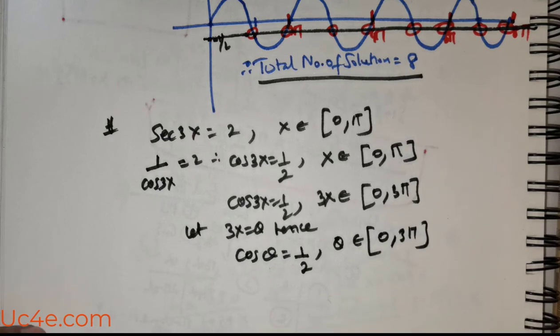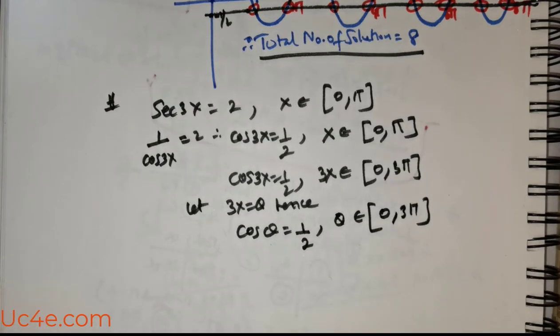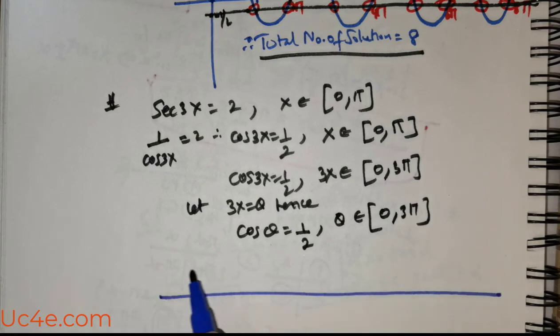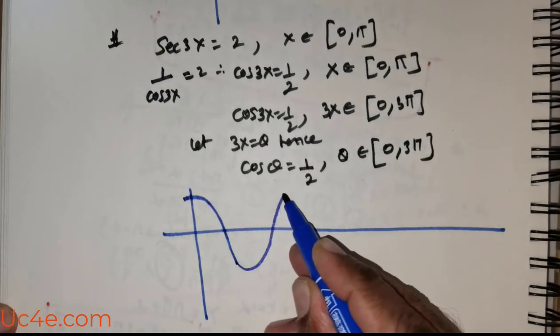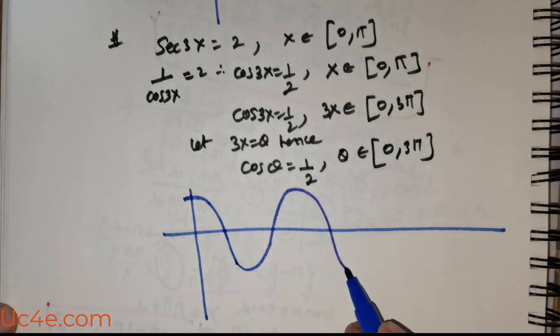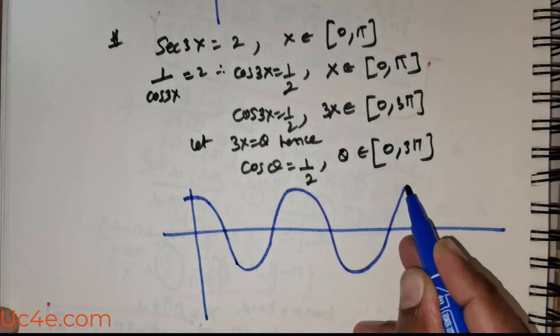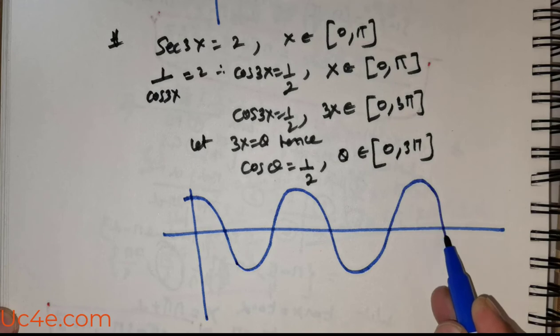Now if we were to draw the graph for cos theta, the graph would look something like this. So it starts here, comes down, then moves up, hits here, then moves up and hits down. So let's place the points.